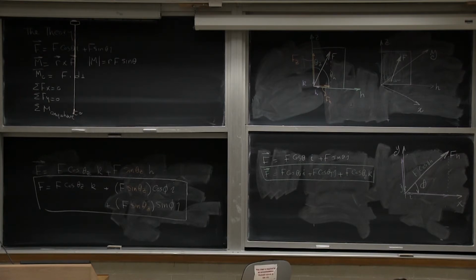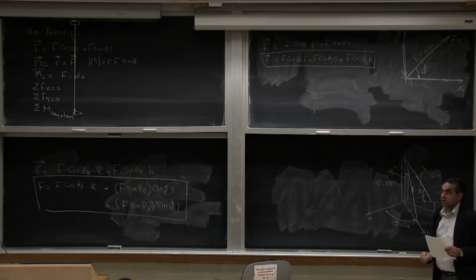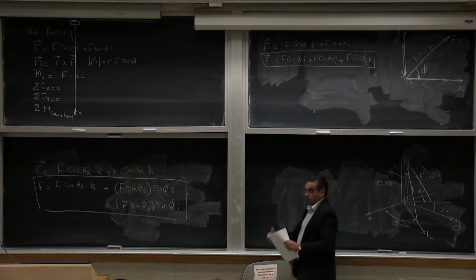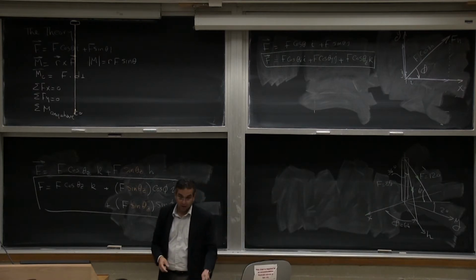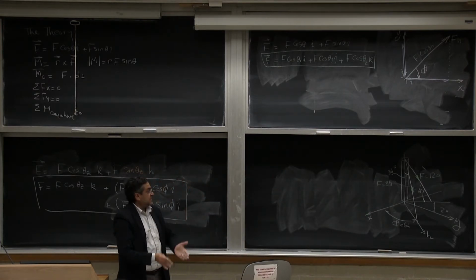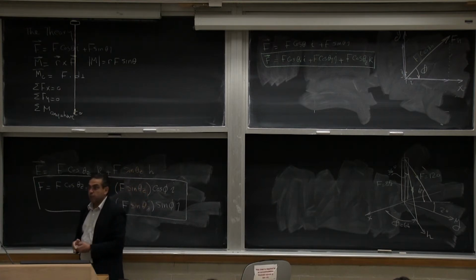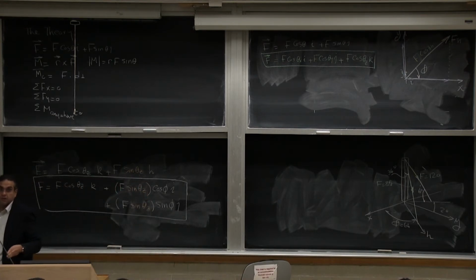Let's take an example. This electric pole, which is standing on the z-axis, is supported by two cables. One cable has a force of 120 newtons, and the other has a force of 85 newtons, or kilonewtons, it doesn't matter really.